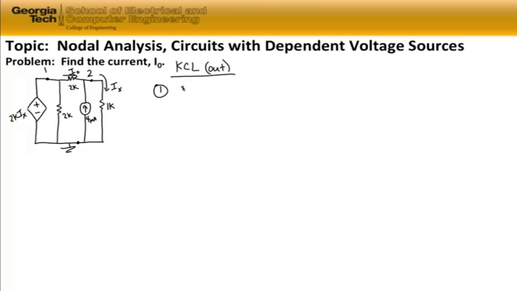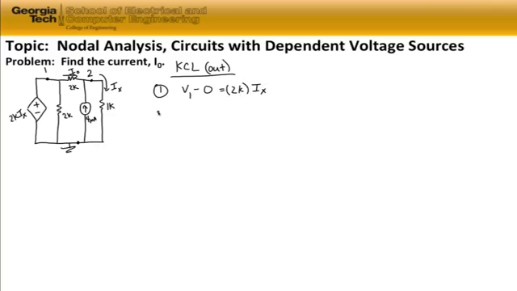And we would do that by writing the equation V1, because V1 is the positive polarity of the dependent source, minus the ground, which is tied to the negative polarity of the source, is equal to 2k I sub x. That's our first equation.